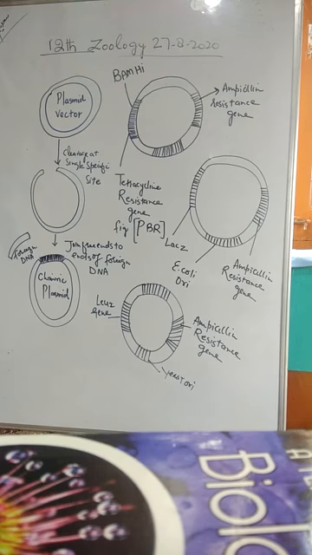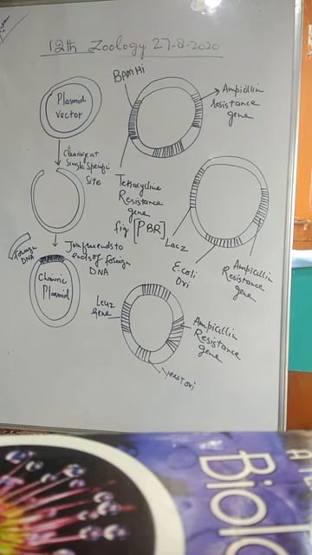Lambda phage provides another type of useful vector system for cloning in bacteria. This is all about the vectors. These vectors are very important for the conduct of genetic engineering practices.